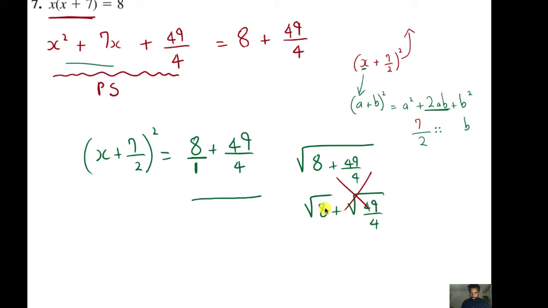This would evaluate to, what's the square root of 8? That would be about 2.8-ish, 2.9-ish, plus, and here you would get 7 over 2, which is 3.5, okay? And this is not correct.